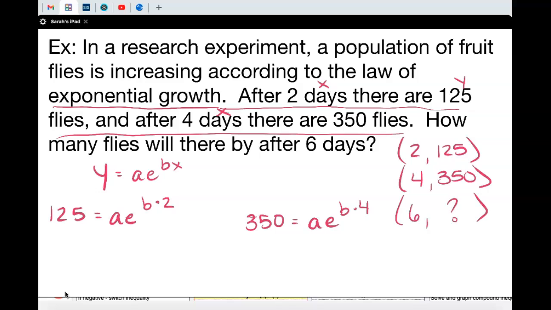Okay. So I'm just going to do the first equation. How would I get a by itself? Dividing. You know, like 125 over e on the left side. Yeah. a is being multiplied to e, so we're just going to divide e on both sides.